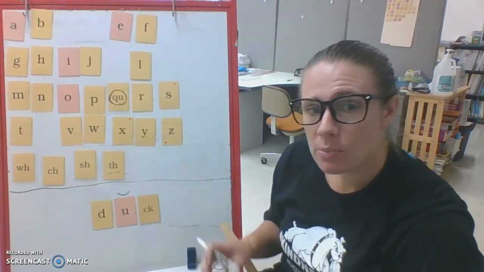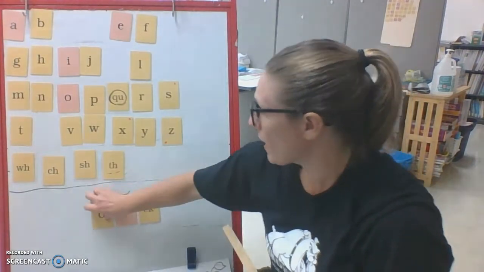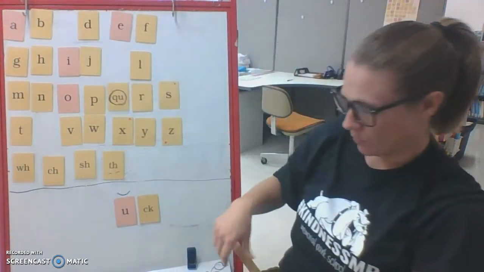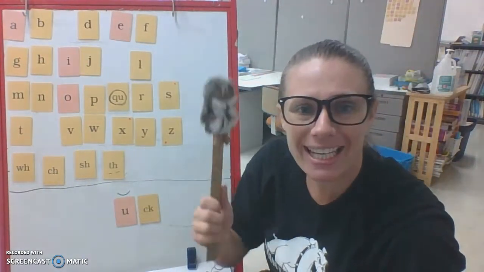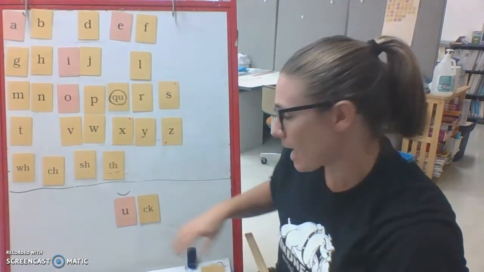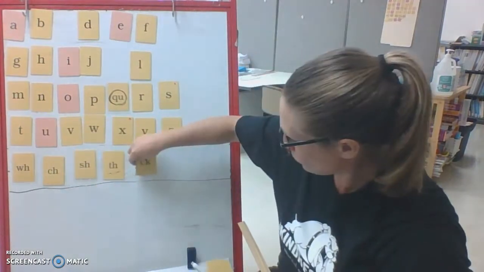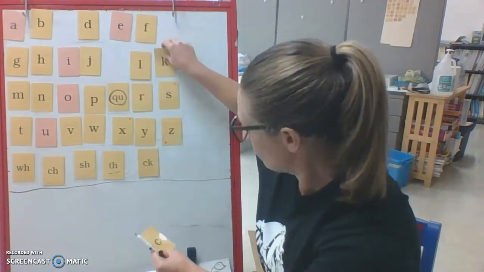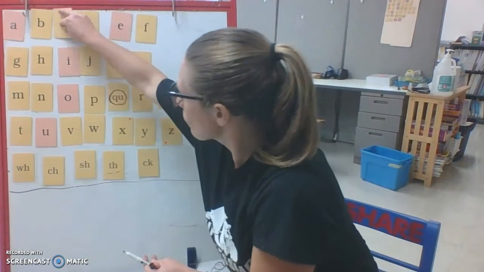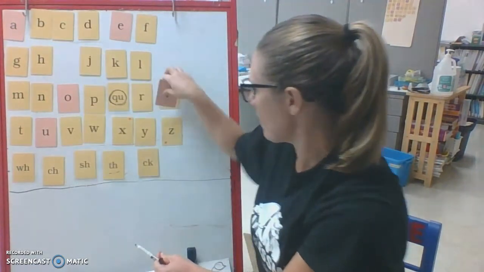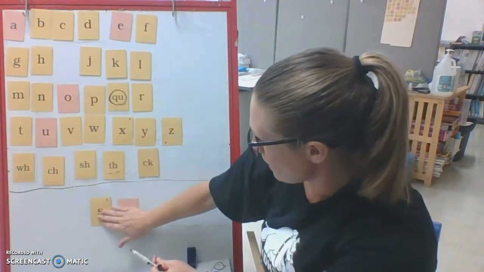I'm going to give you a few words to practice building on your own boards, okay? All right, repeat after me. Sick. Please tap it out and build sick. Okay, check your word to my word.